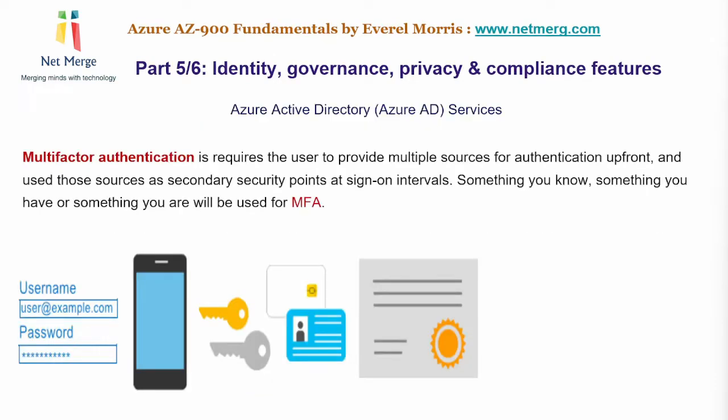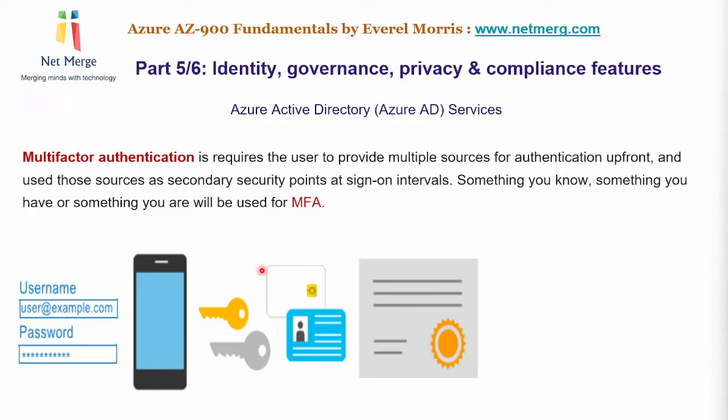All right, let's talk about multi-factor authentication as we try to harden the security strategy or the security posture. Multi-factor authentication requires the user to provide multiple sources for authentication upfront and use those sources as a secondary security point at sign-in. Something you know, something you have, or something you are will be used to do the multi-factor authentication.